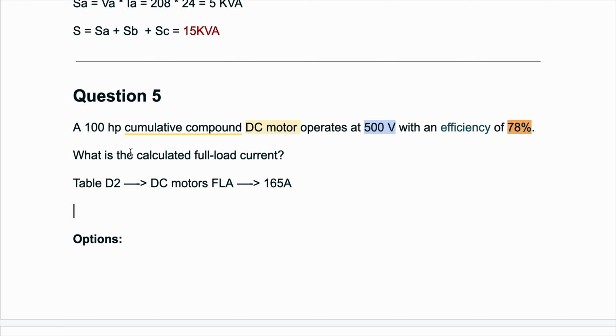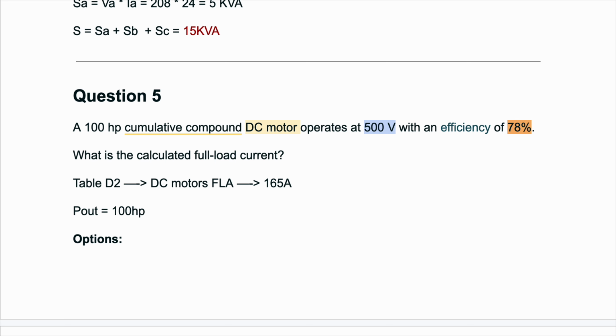When they are talking about the horsepower of the motor, they are talking about the mechanical power of the motor. When we see that this motor is 100 horsepower, it is the mechanical feature of the motor. It is the output power of the motor, because they write it in horsepower. So I can tell you that this power is P out of the motor, and when written in horsepower, HP, it is the mechanical power.